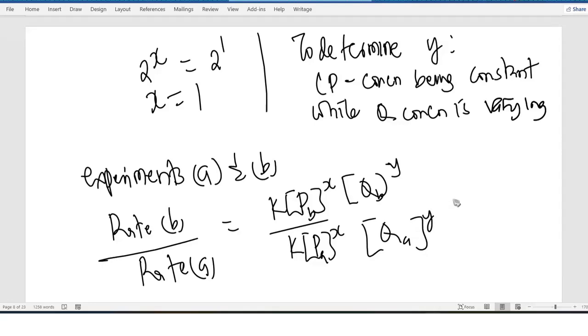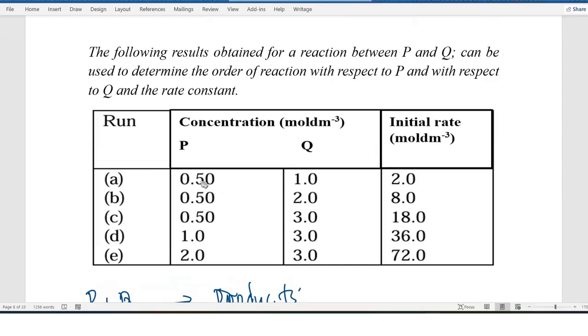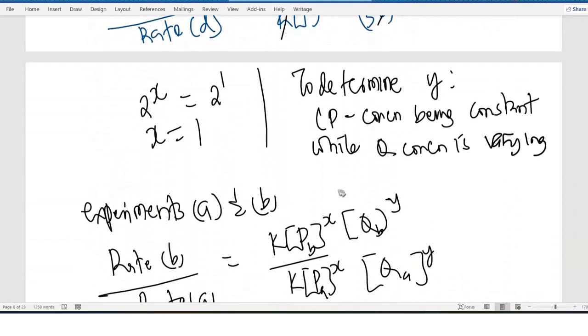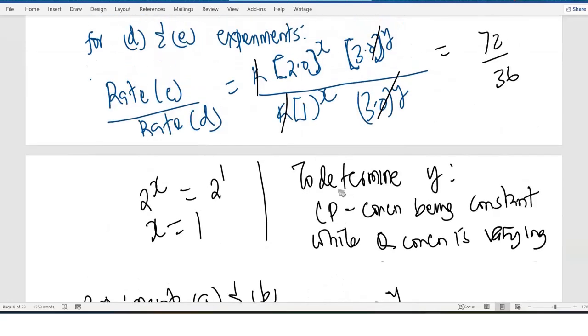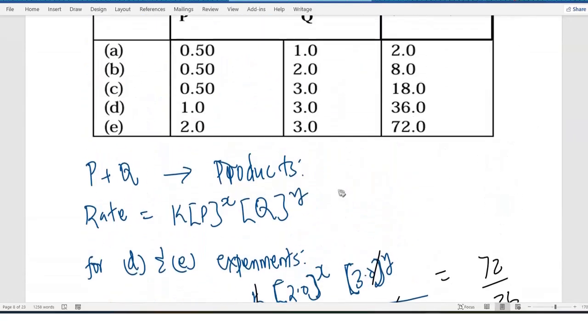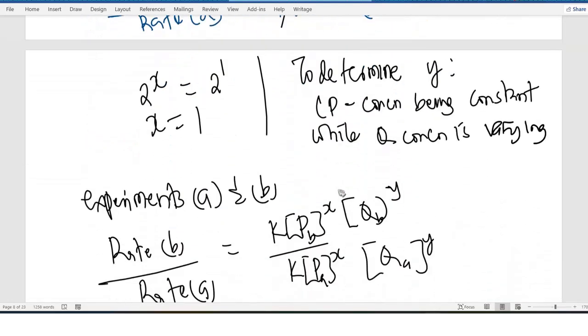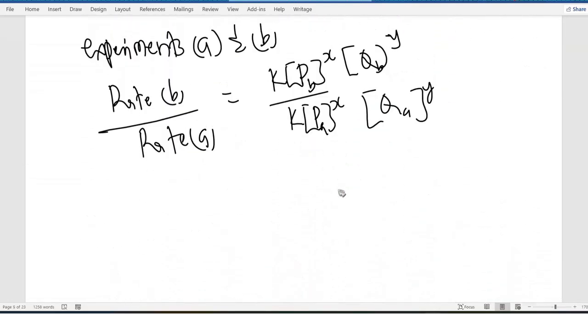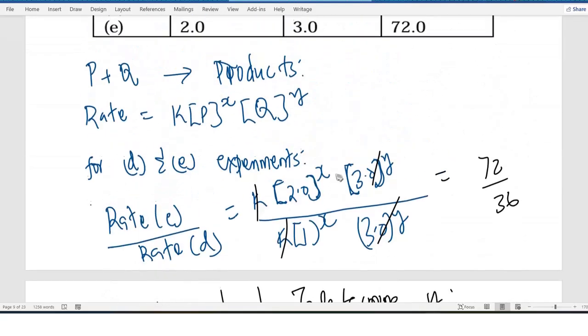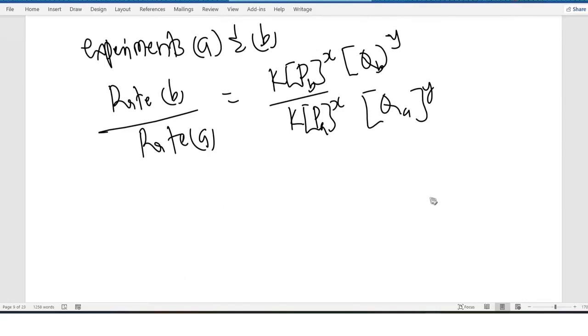So what is that going to be? Obviously, this is going to be 2 out of 1. So the rate here is 8 divided by 2.